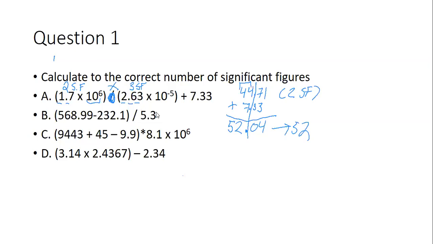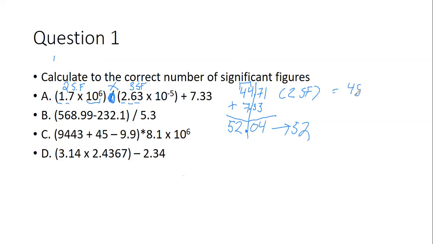So let's just say I round. Let's say I was not listening to my own advice. And I said 1.7 times 10 to the 6 multiplied by 2.63 times 10 to the 5. I said that's 44.71, and I rounded that to 45. I just said, you know what? I'm not going to listen to Dr. Andrews. I'm just going to round when I want to round.